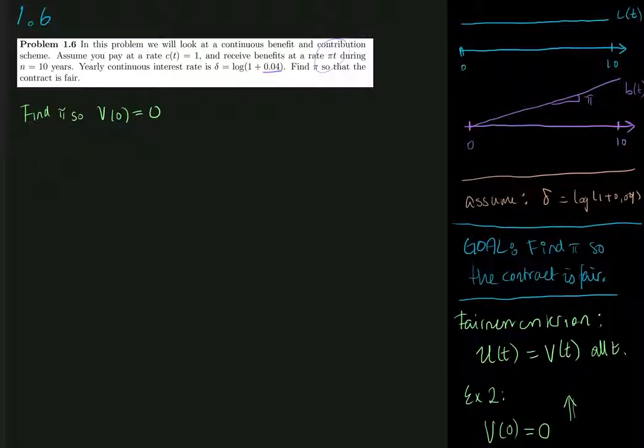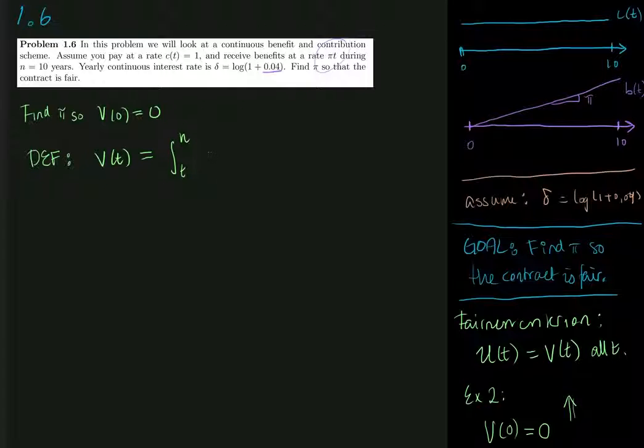So the definition of v of t is given as such in the book, in the continuous case. V of t is equal to the integral from t to n. So what we do is we stand at time t, and then we look at all the future payments that go up to time n.